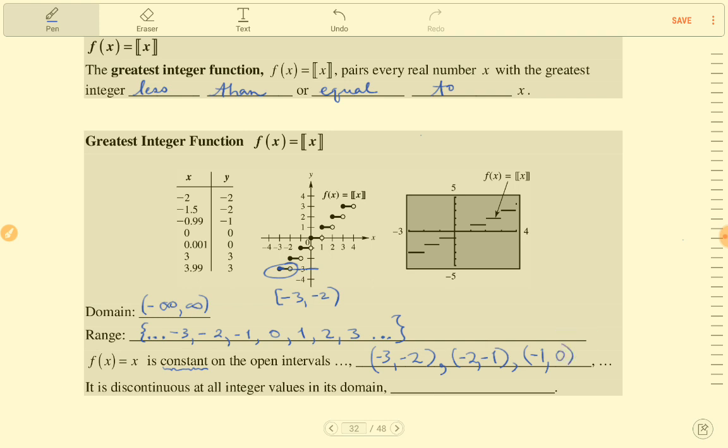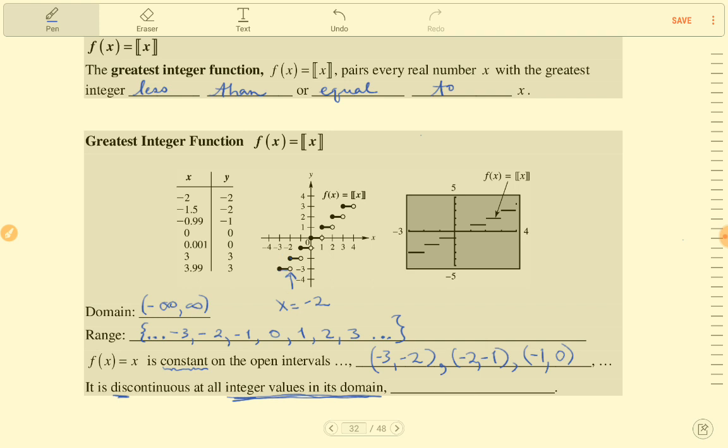It is discontinuous at all integer values in its domain. So what that means is that every time you get to, let's say, where should we start here? I guess let's start at the farthest one over. Right here at x equals -2, there is a hole where you have to make a jump up.